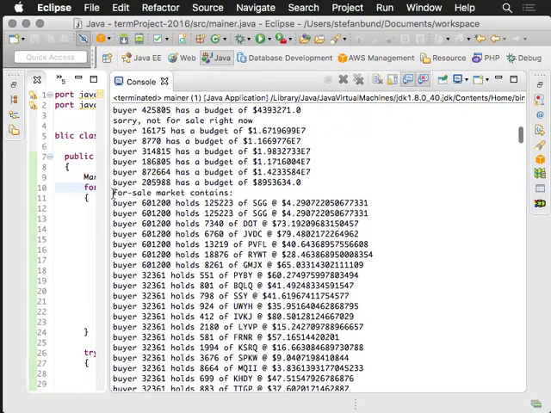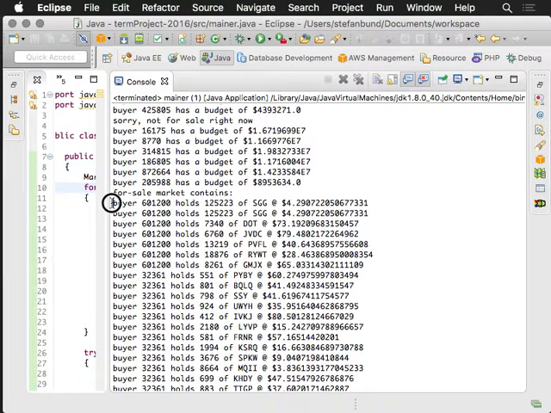And then it says our for sale market contains, and this is stuff that's very similar to what you have right now. Your for sale market contains this buyer who holds 125,223 shares of this stock at $4. And interesting how that repeats. I'm going to find out why that is.